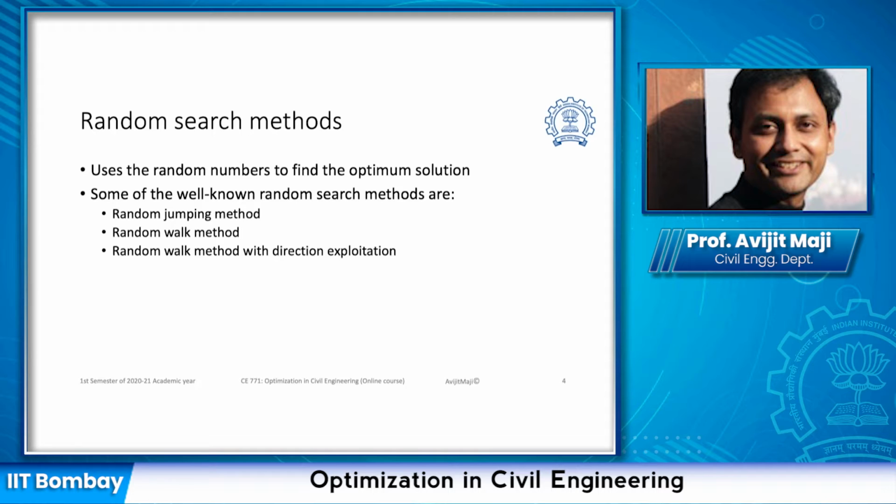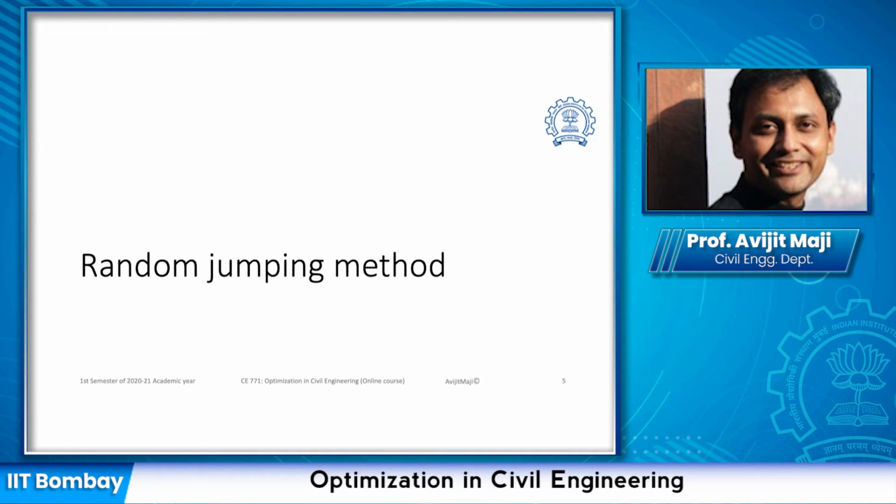Let's start with the random jumping method. The random jumping method considers a search space which is represented by various random locations, and the function values are evaluated at all those locations to find out where we can obtain the optimum solution for the given objective function.